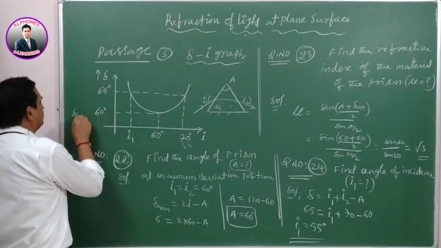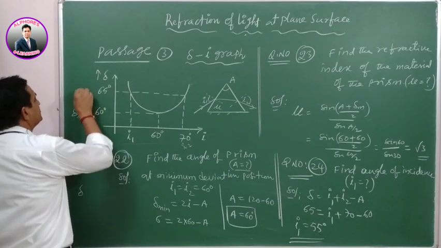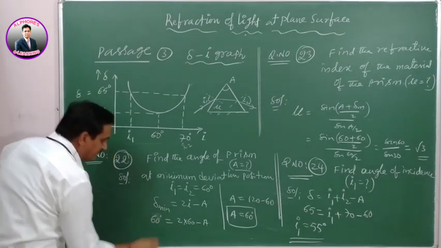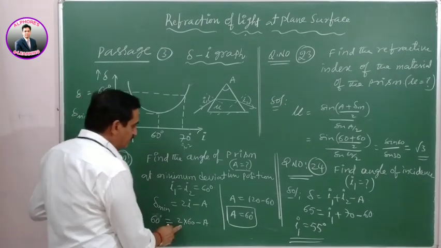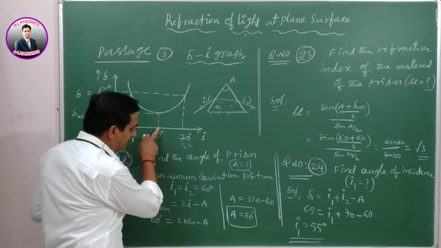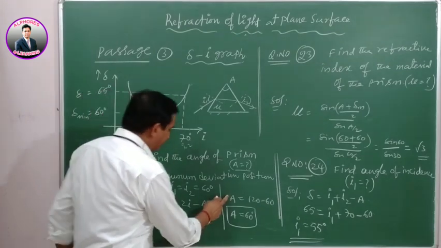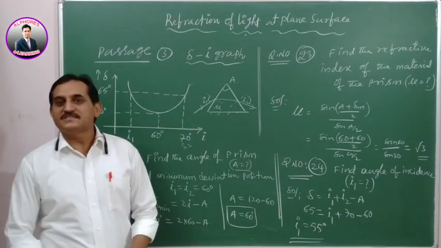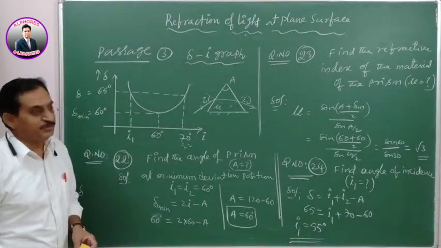This is delta minimum, this is delta. Delta minimum 60 degrees, right? 60 equals 2 into angle of incidence, that is 60 degrees given here. Substituting and simplifying, 120 minus 60, taking this side, A is equal to 60 degrees. This is the angle of prism.